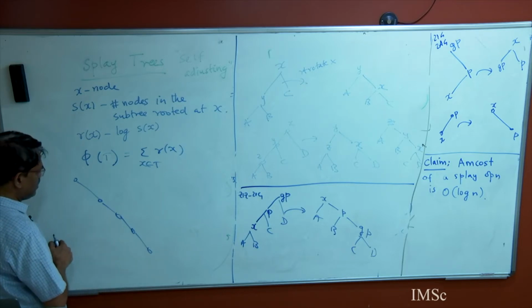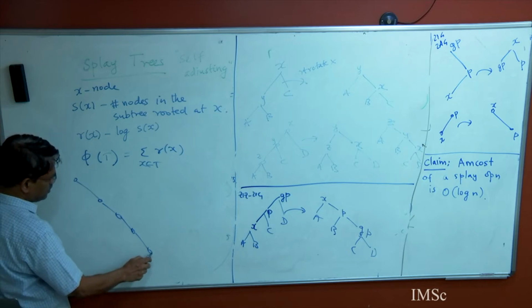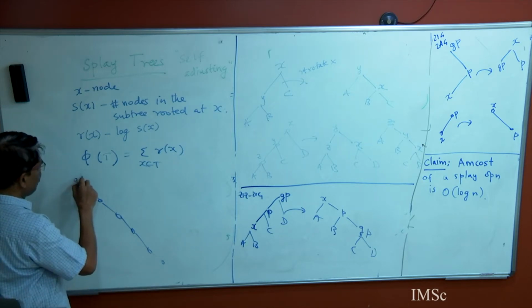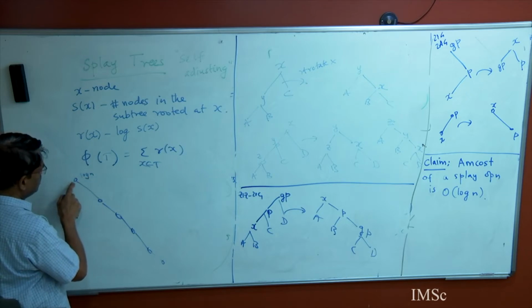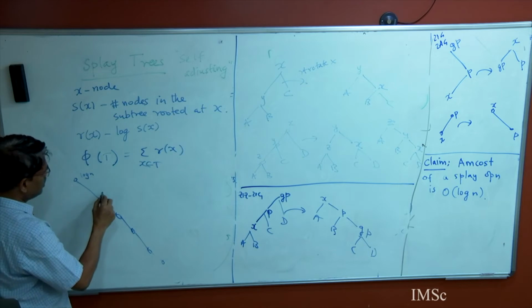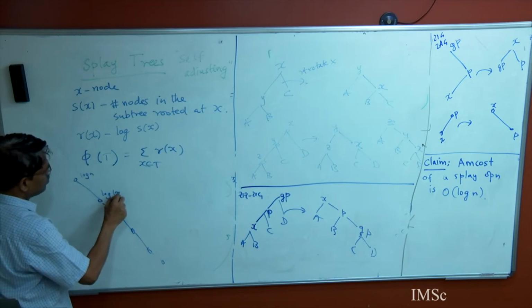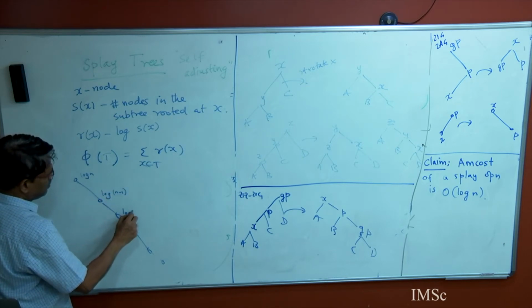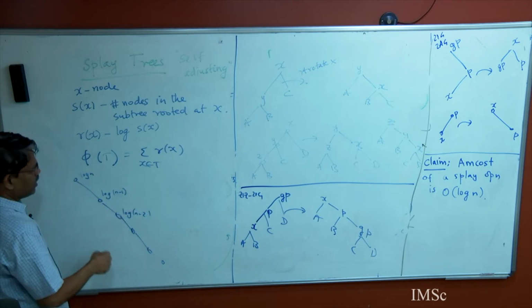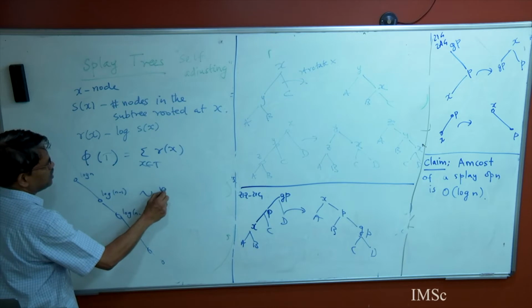That will help us understand something. The tree is like a path. Then the root's rank will be log n, because the number of nodes in the subtree is n. Here it will be log n minus 1, here log n minus 2, and so on. When you sum them all, it's log of n factorial. So this potential is about n log n.